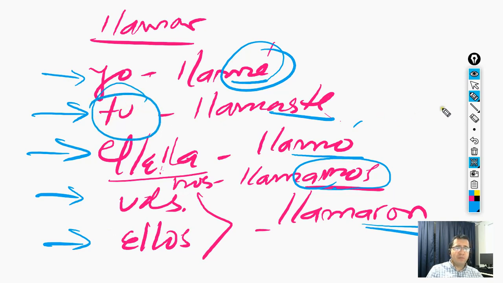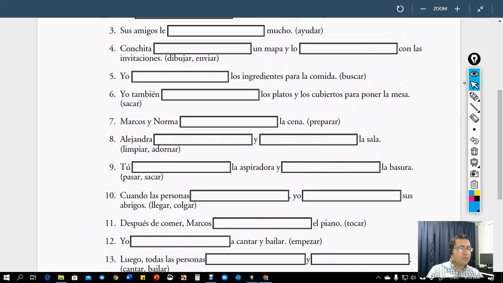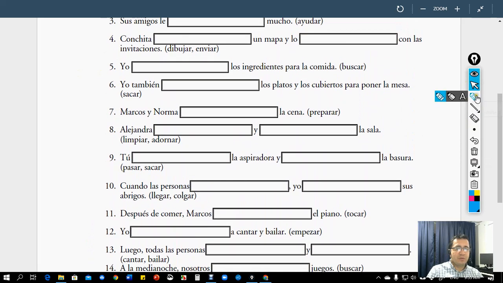And let's find all the ones that have to do with tú. Here we don't find, at least in the first part, any with tú, but here we got one. Remember, tú is gonna sound aste. So pasar, to pass, and sacar, to take out.